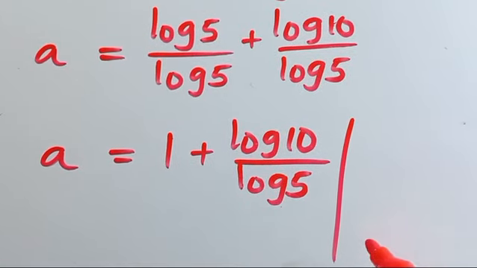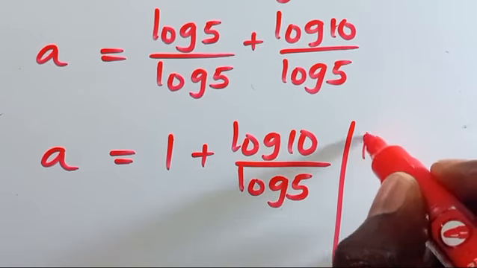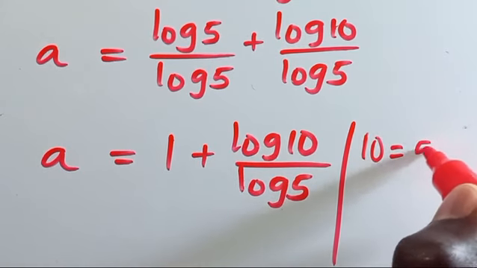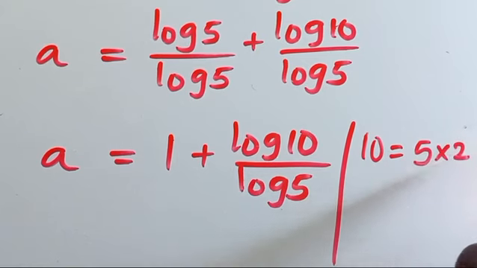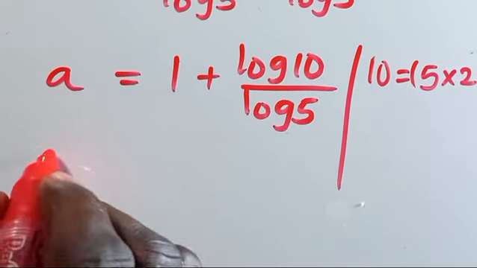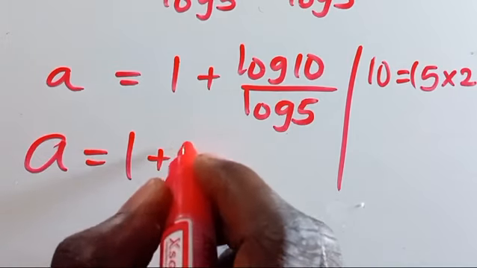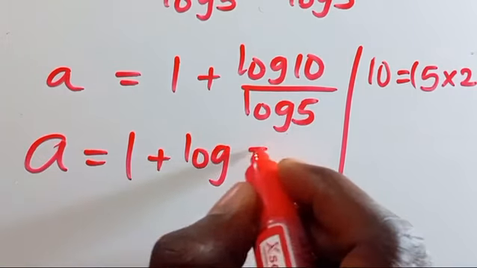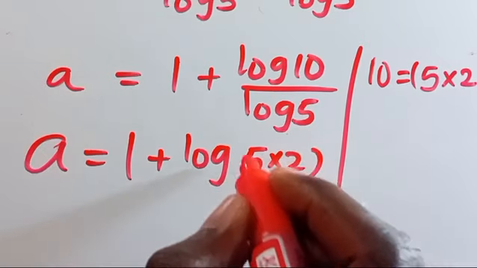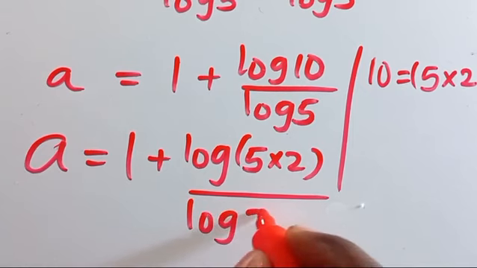Then let us recall that we can have 10 also to be equals 5 times 2. So from here we have a equals 1 plus log 5 times 2 in parentheses divided by log 5.